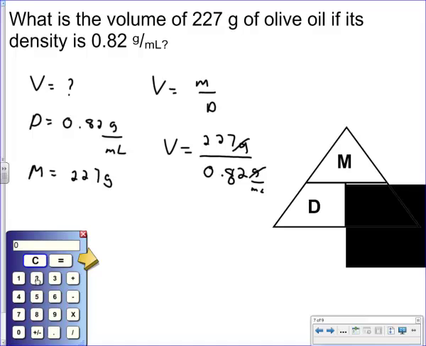Let's try it one more time. 227 divided by 0.82, that would get a volume of 276 milliliters.